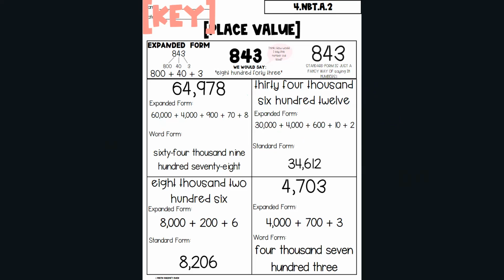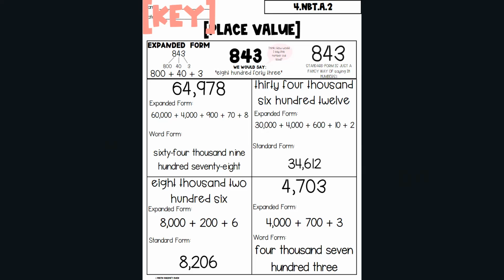So if we do 34, again, the word thousand tells us where our comma goes. 612, we would have 34, comma, 612. If we expand that out, we have a 3 in the 10,000s place, so 30,000, a 4 in the thousands place, a 6 in the hundreds place, a 1 in the tens place, and a 2 in the ones place.